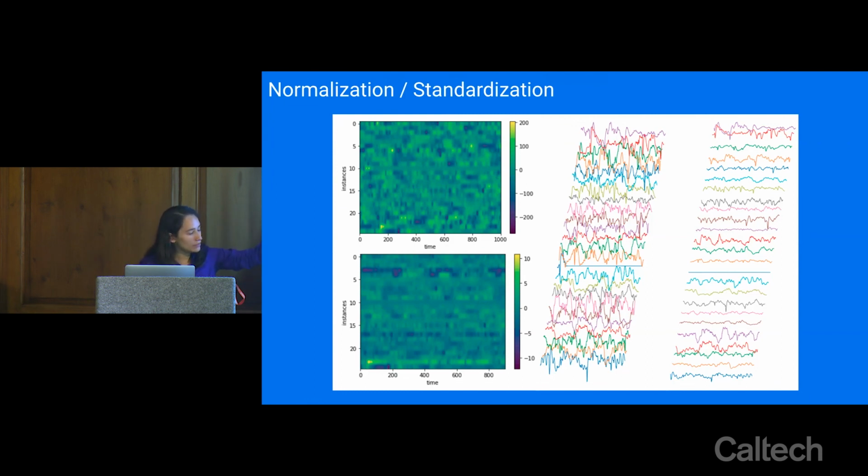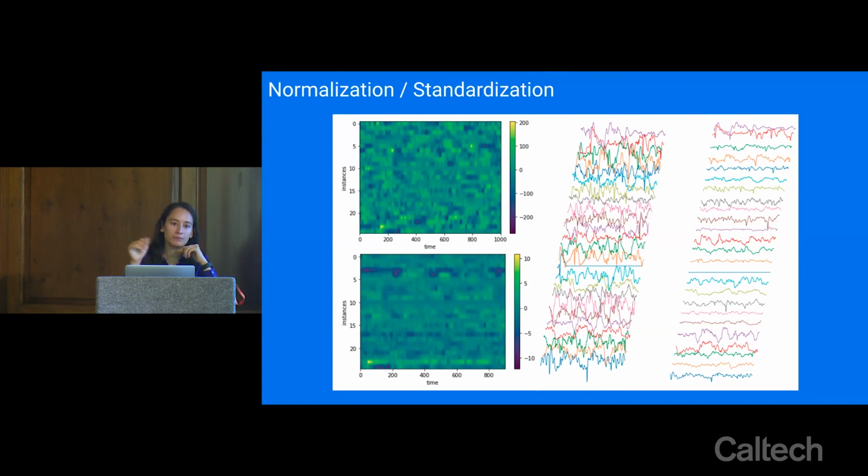I might have 25 instances across 1,000 time steps. I need to have this in a train set and I need to have this in a test set when I run a model. You can't always use the mean and the standard deviation for your test set to correct your test set data, because the whole purpose of your processing pipeline is that you're not implicitly baking information about the data that you're using to test into your testing data.